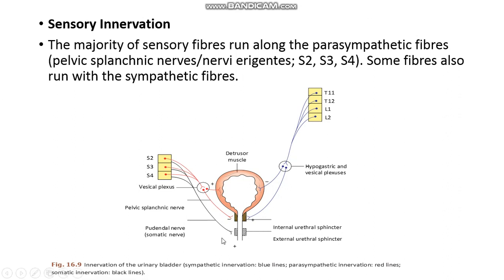And here the picture is given, and in this picture the blue lines represent sympathetic innervation, which includes thoracic 11, 12 and lumbar 1 and 2. Then the red line represents parasympathetic innervation, by S2, S3 and S4.